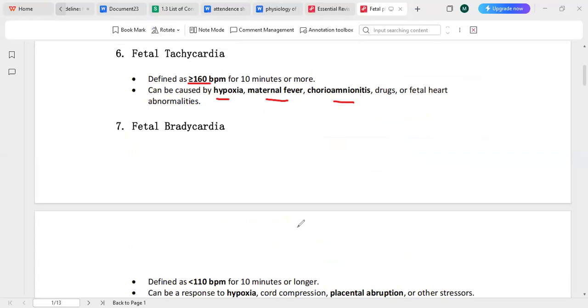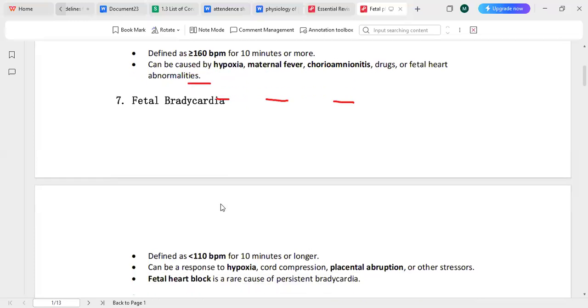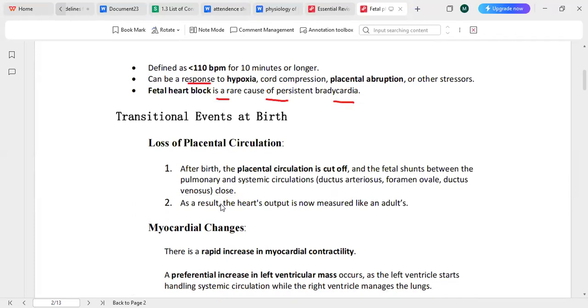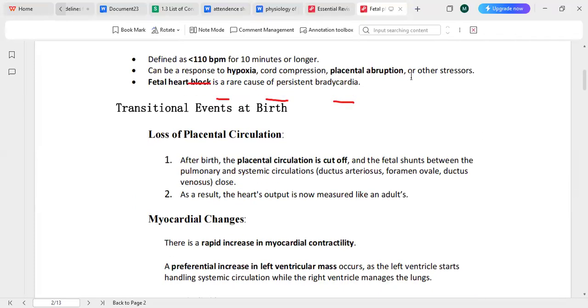When we have bradycardia, the causes are again hypoxia, cord compression, placental abruption, or other stressors. Fetal heart block is a very rare cause of persistent bradycardia. It will not recover by any treatment.